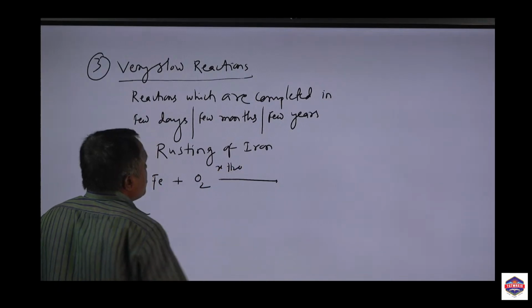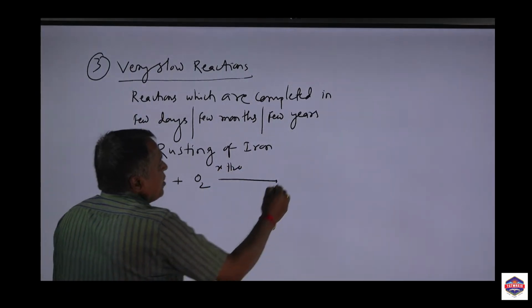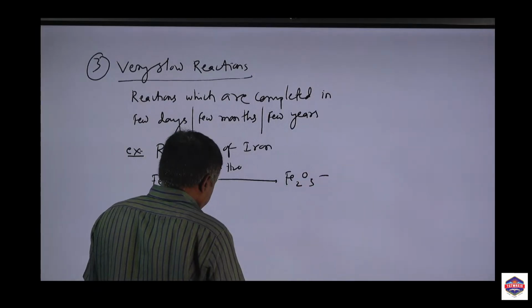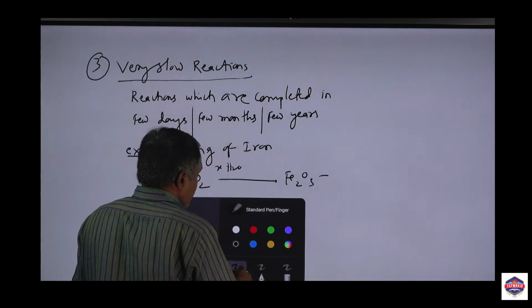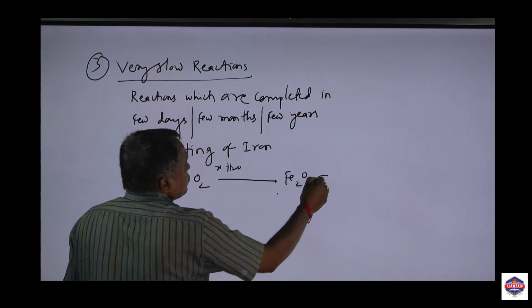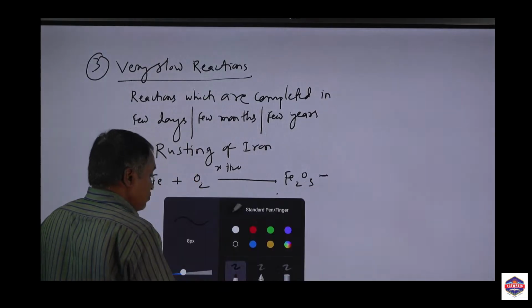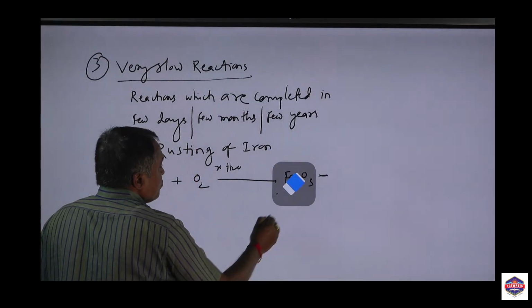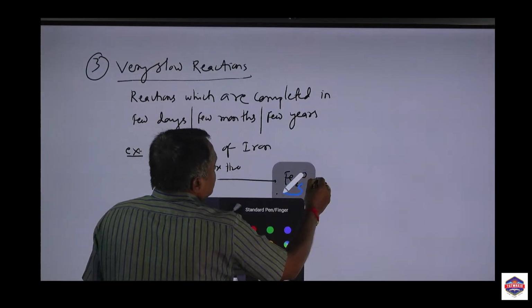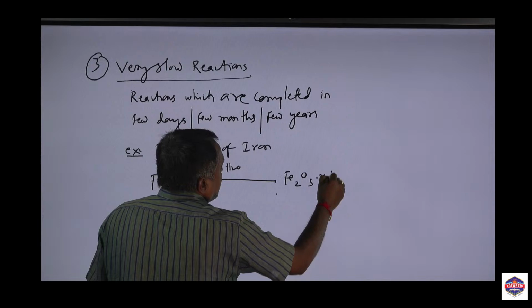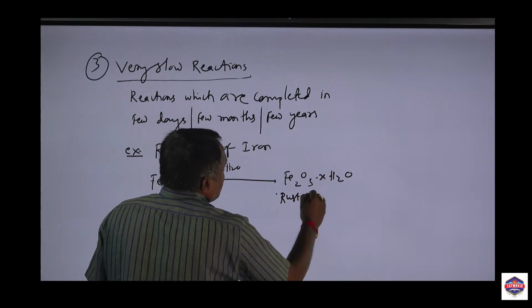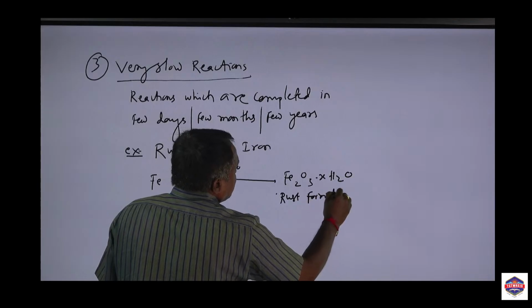So this is X moles water. So now you will get the rust Fe2O3 dot X moles water. This is the rust formula.